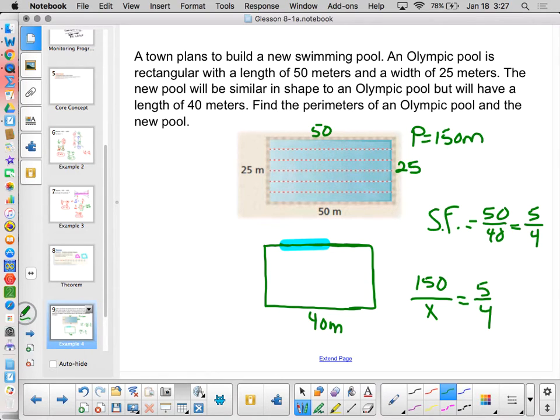And then cross multiply. 4 times 150 is 600 is 5x, so x is 120. And I'd know that the perimeter of that pool is 120 meters. So we could find all the sides, add them up, or we could use the scale factor to set up and solve an equation.